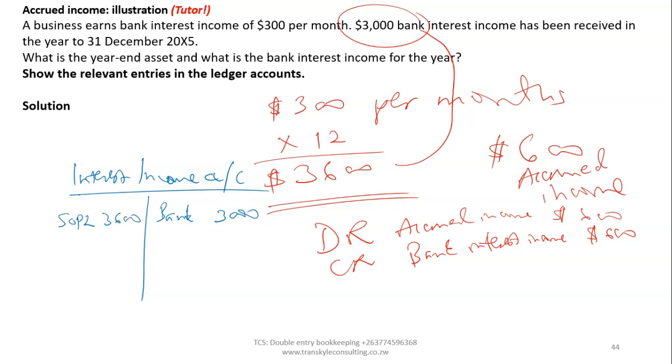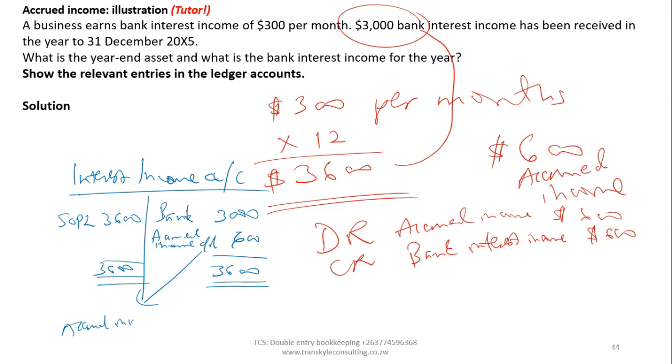So what is our accrued income carried forward, accrued income c/d? It should be 600. Accrued income 600. That's it.